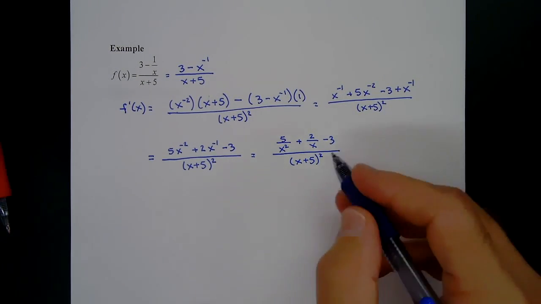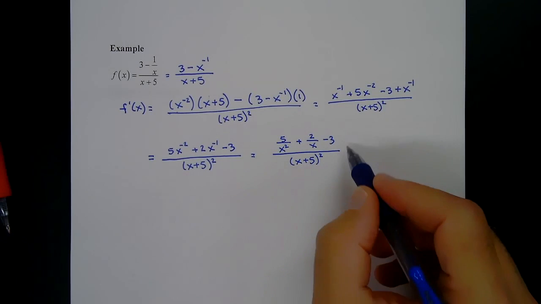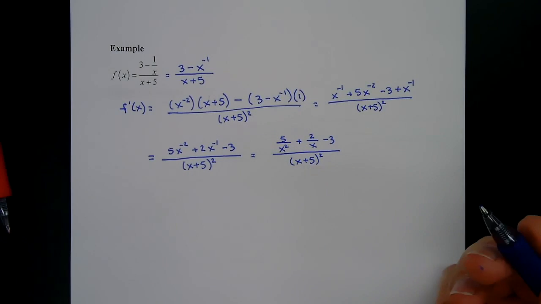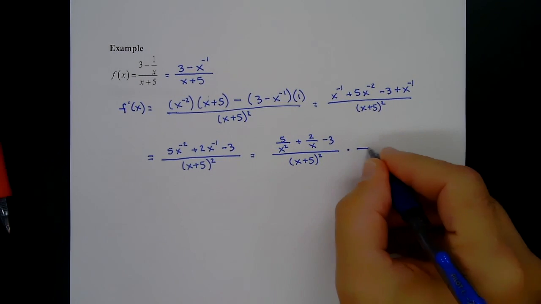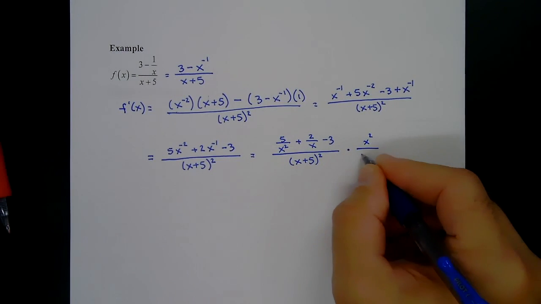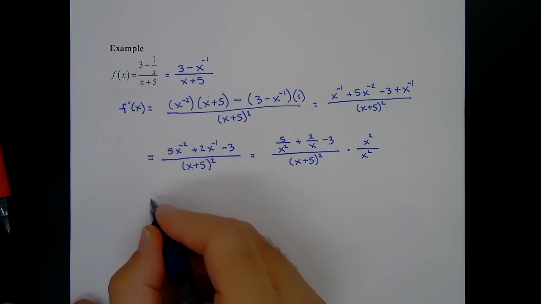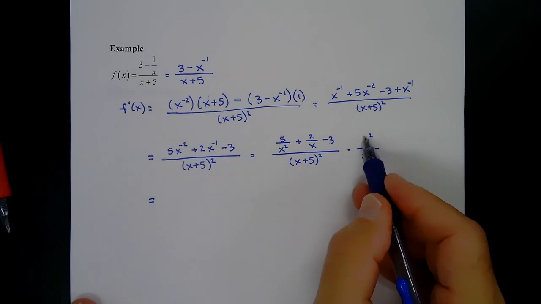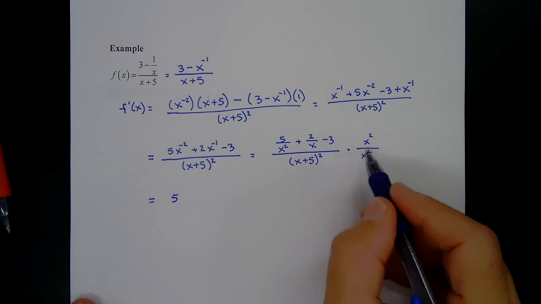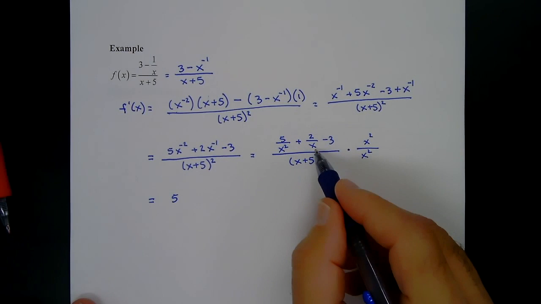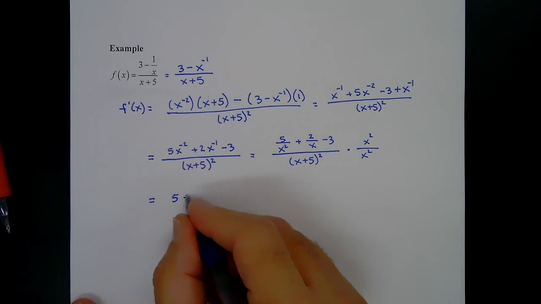Okay, now what we're going to do is we're going to multiply the top and bottom. We're going to clear out this complex fraction now. Now's the time that I'm going to do it, okay? So times x squared over x squared. So that makes this derivative, if we distribute this x squared, that makes this 5. And then plus 2x squared over x, which makes plus 2x.